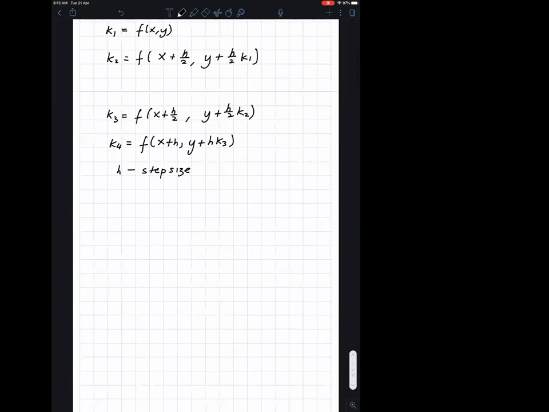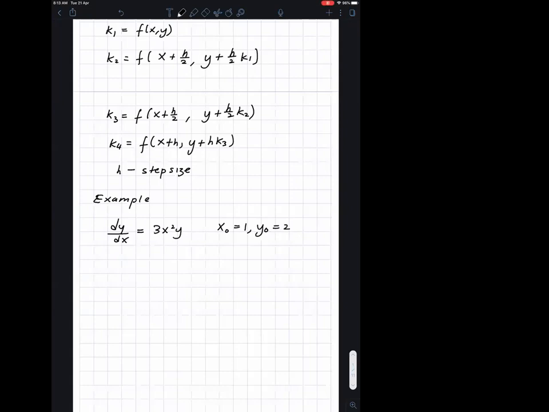Okay, let's do an example. When we do the example, you'll know what's going on. Example: given the ordinary differential equation 3x squared y, and the initial conditions x naught is 1 and y naught is 2.